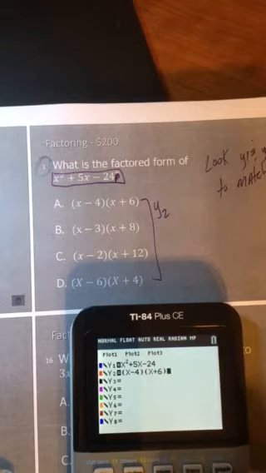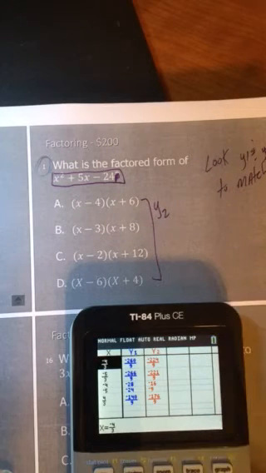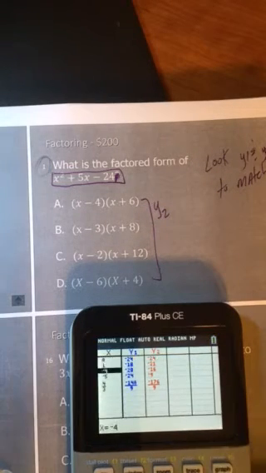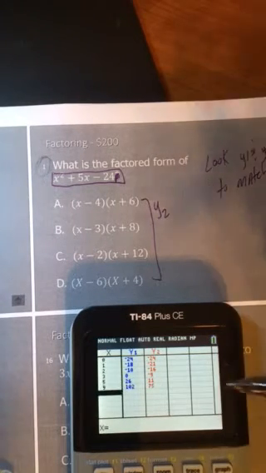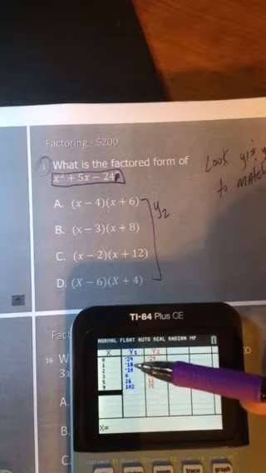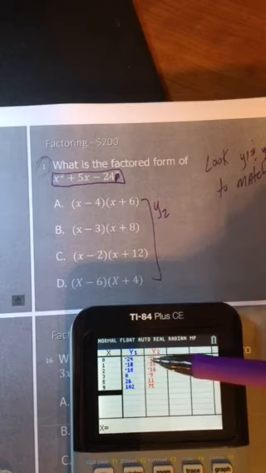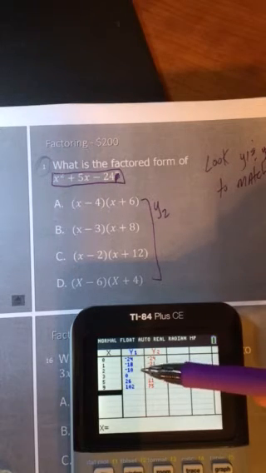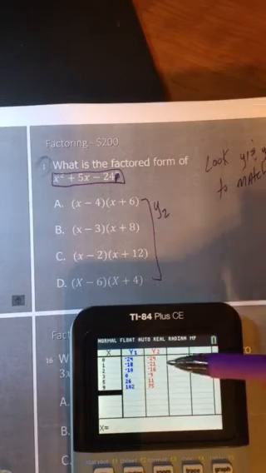Okay, so I put answer choice A. If this is the correct answer, all of these would match. So negative 24 is on both, so that one looks correct. But the next number, one's negative 18 and the other one's negative 21.